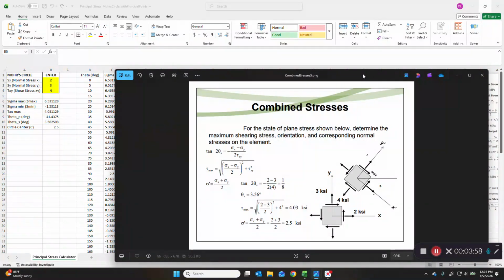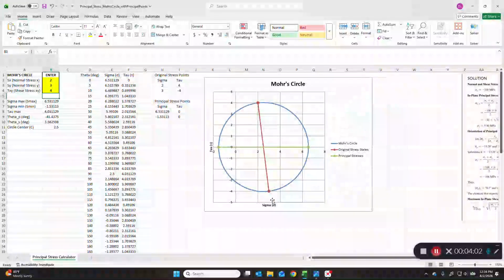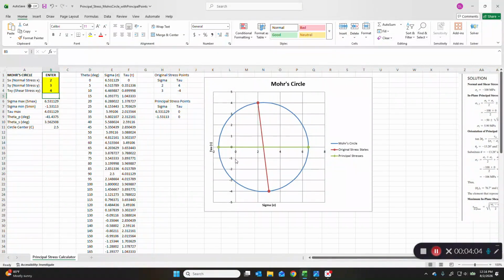So what does Mohr's circle look like for this particular problem? Looks like this. Now this convention has tau positive above the x-axis and tau negative below the x-axis.